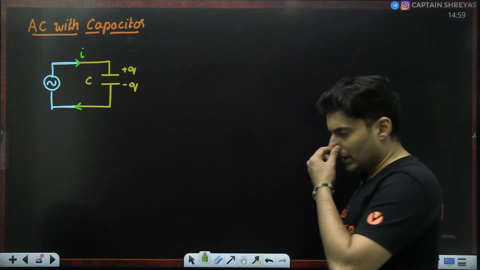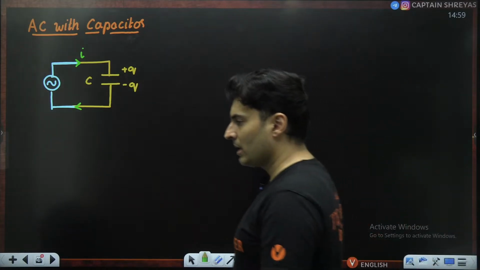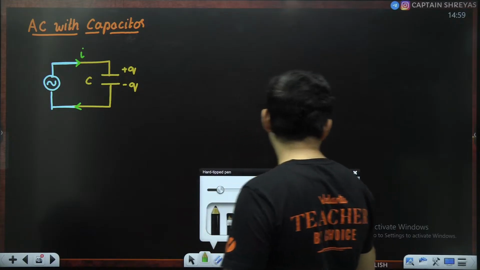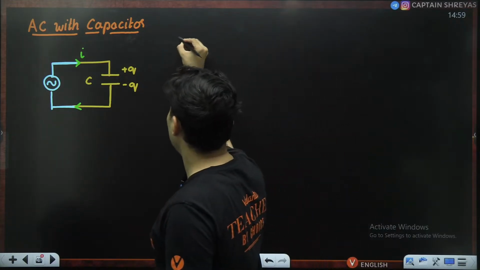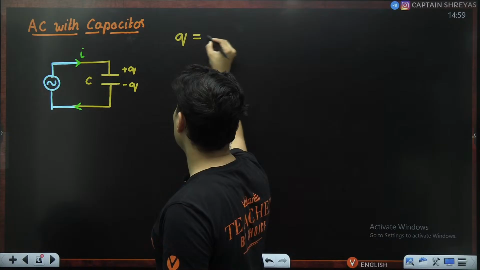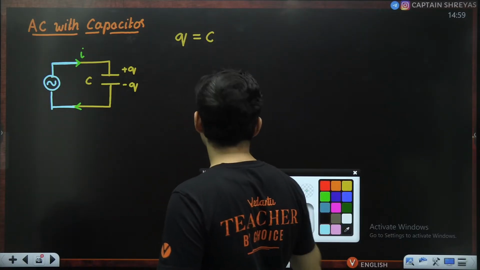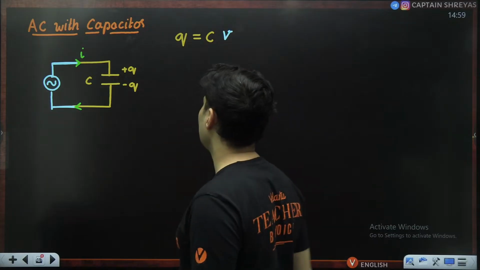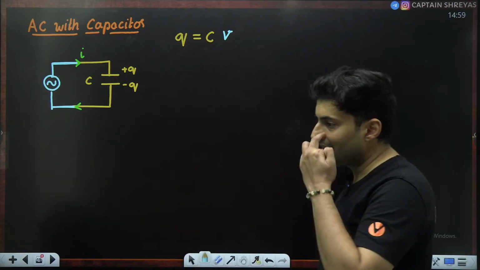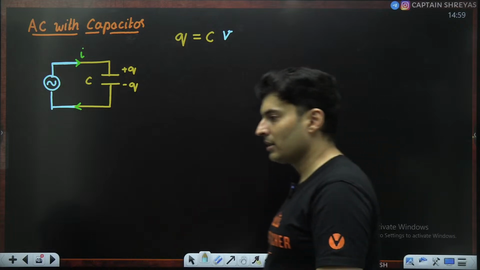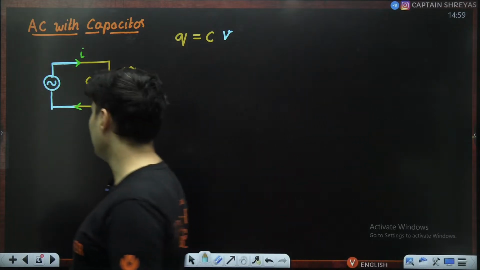Now, let's say we start by this logic that Q is equal to capacitance into the voltage at that instant. Q is equal to C into V.